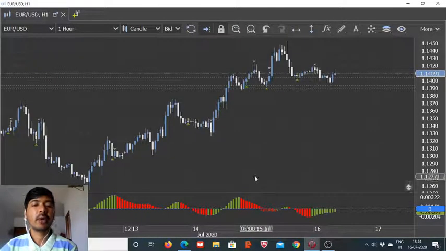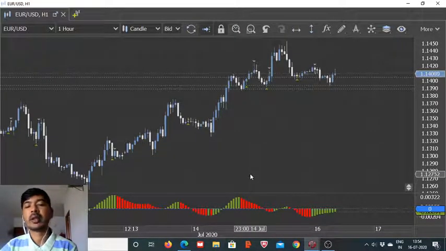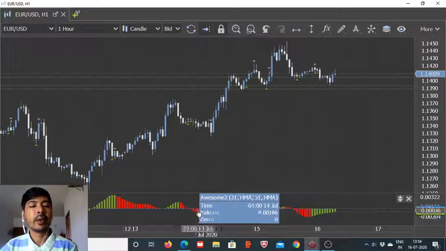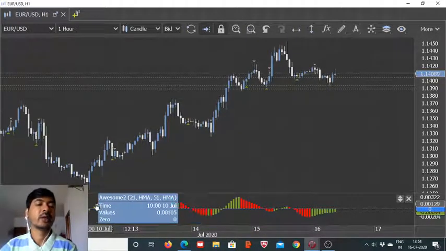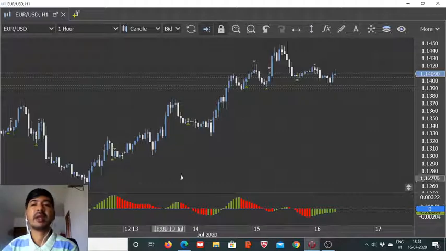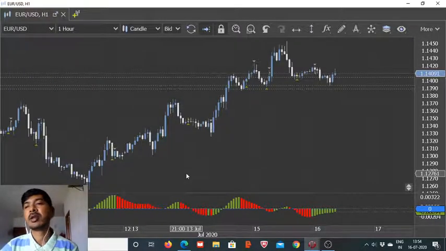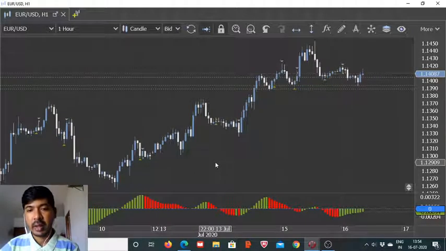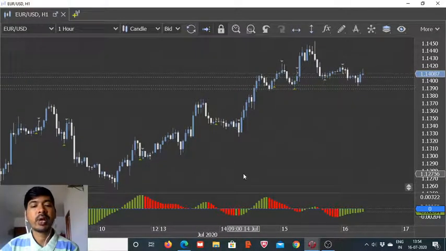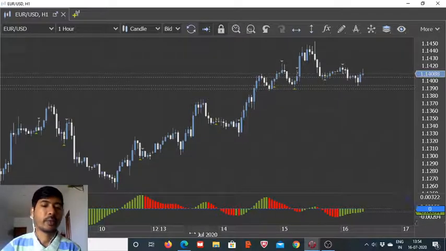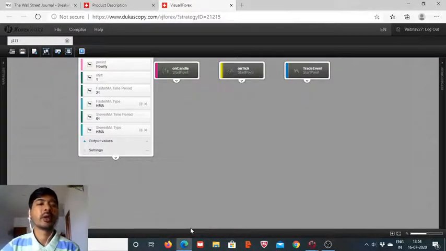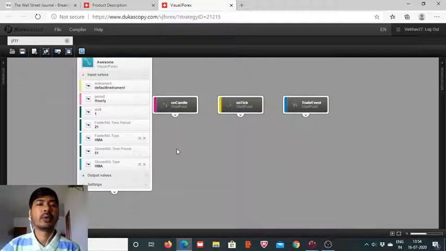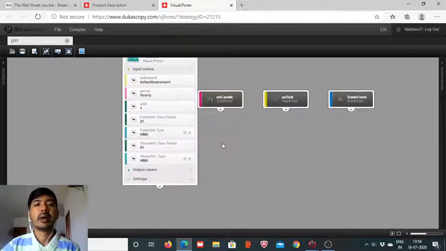So either way you can work with this Awesome Oscillator block, and whichever way you feel is the optimum setup, you can define it, and it's fairly simple to do that, and it's also very convenient. And since we have three output values, it also makes it easier to do the customization and then take the output values which are required and put in the additional conditions.